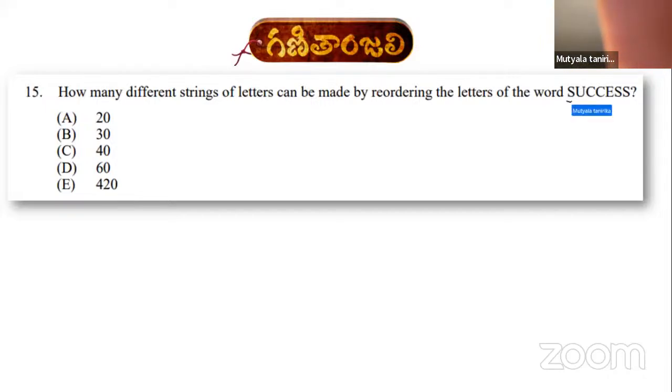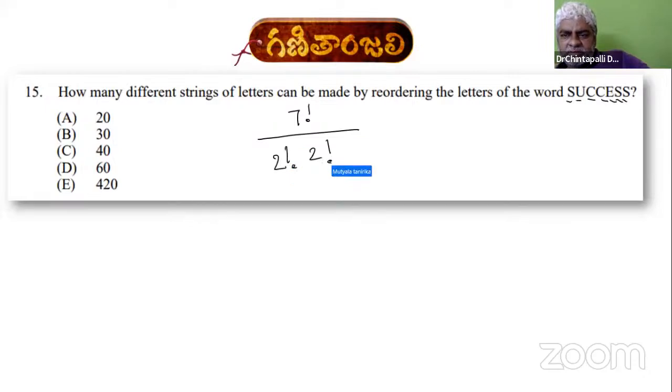So it's 1, 2, 3, 4, 5, 6, 7 letters. 7 factorial by the repeated letters. The number of S is 3, so 3 factorial, and C is 2 factorial.